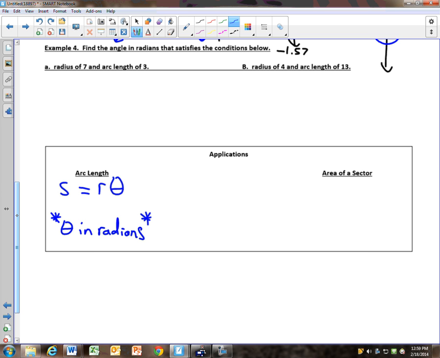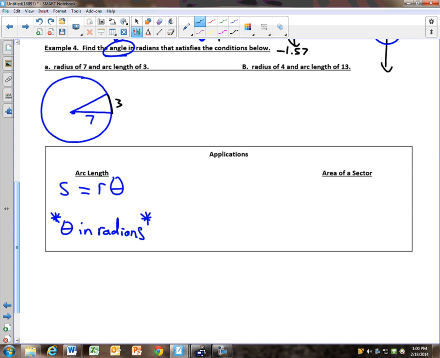It says find the angle in radians that satisfies the conditions below. Suppose you have a circle where the radius is 7 and the arc length is equal to 3.